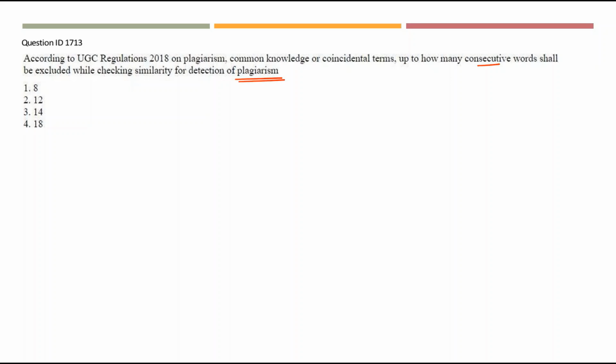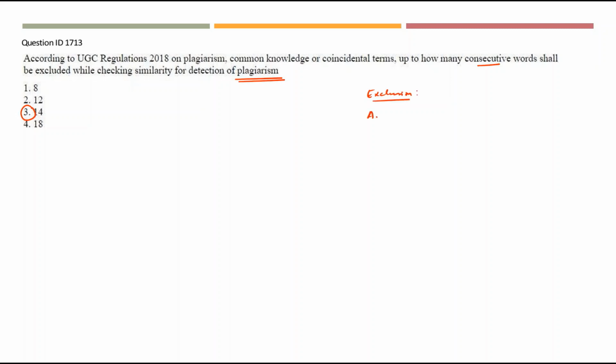So there are guidelines from UGC regulations. It says it shall exclude a common knowledge or coincidental term up to 14 consecutive words. Option number 3 will be the right answer. If you take the report of UGC regulations 2018, you can find the exclusion list for plagiarism.